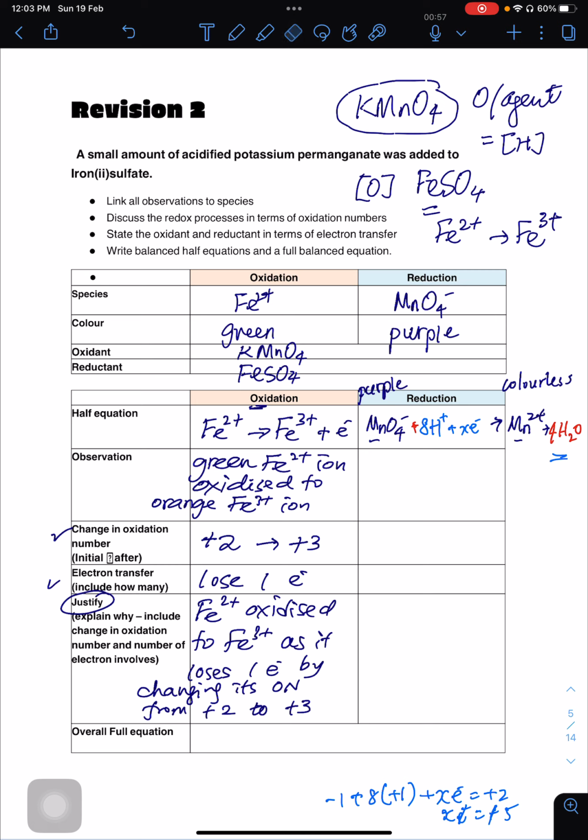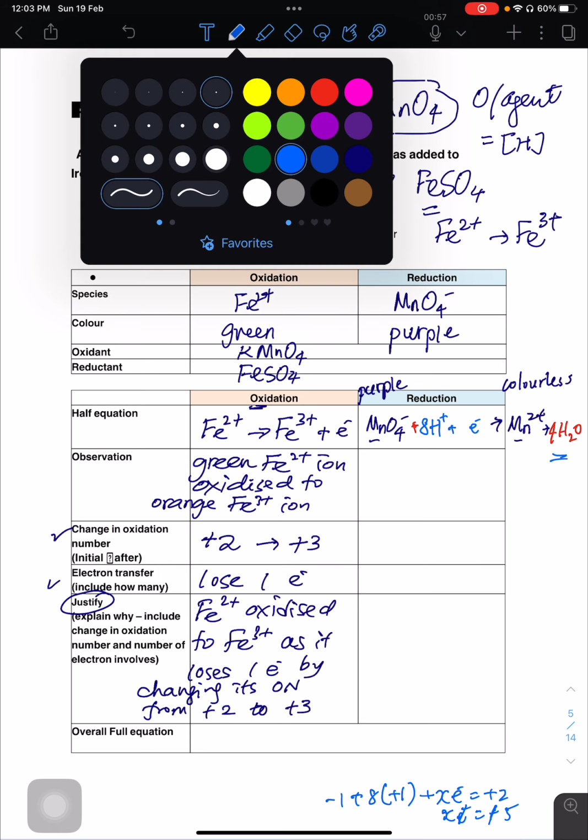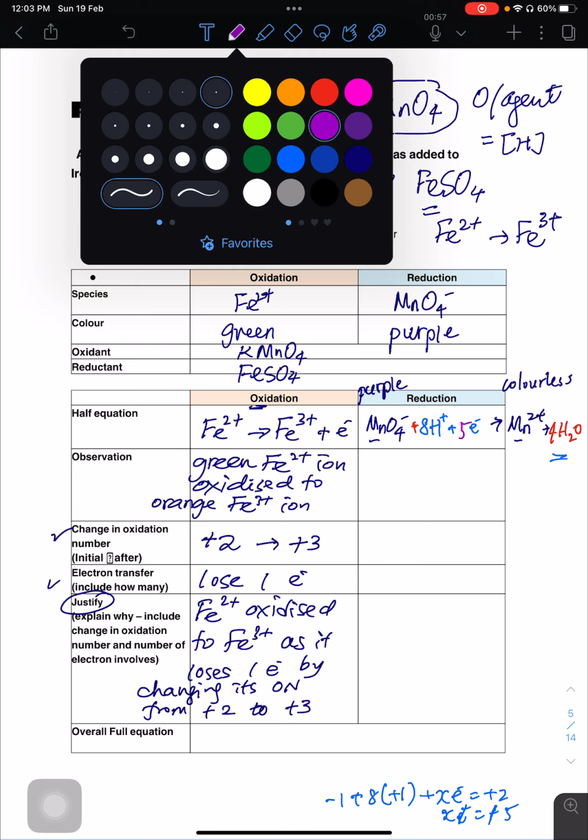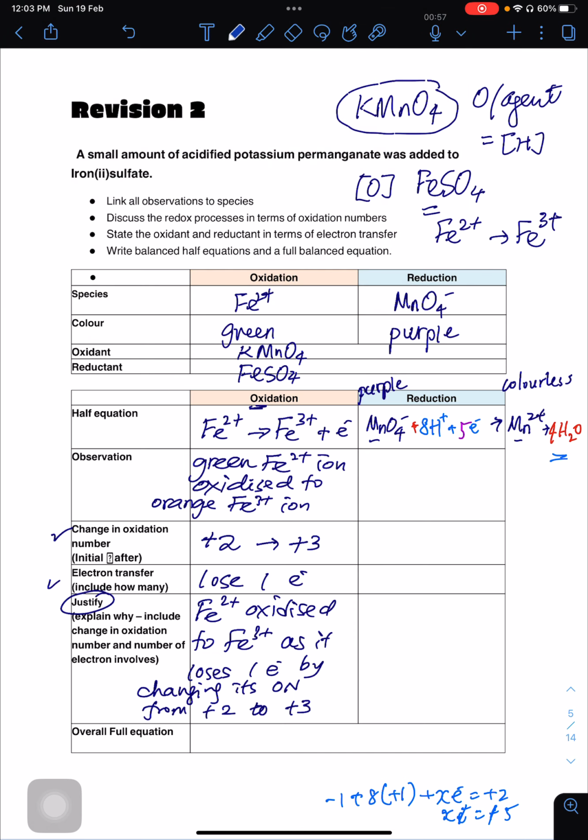So I am going to erase this X and add in the number 5. Then the observation to be written would be: we have purple permanganate ion, and we know it's a reduction, so we are going to use the word reduced to colorless manganese ions.